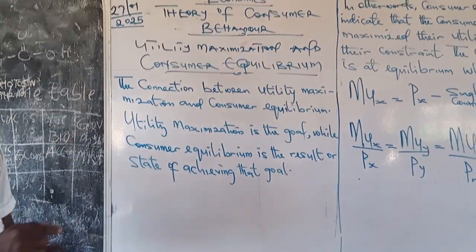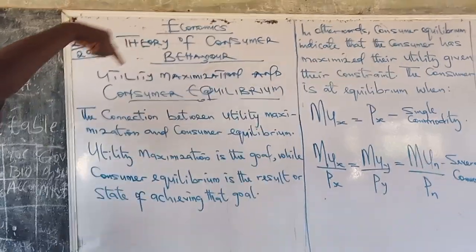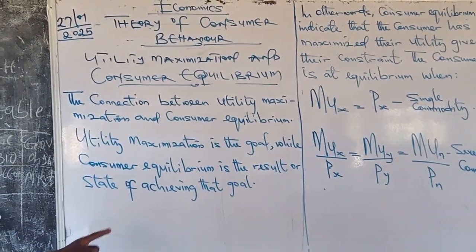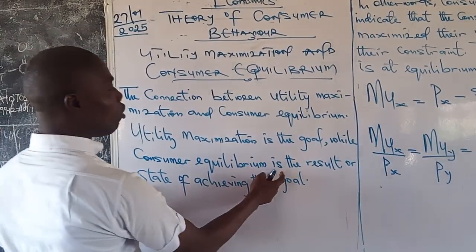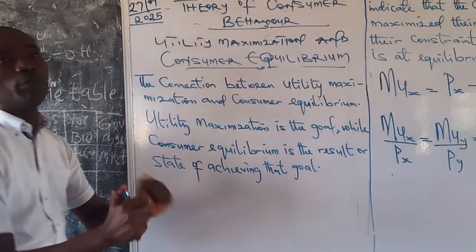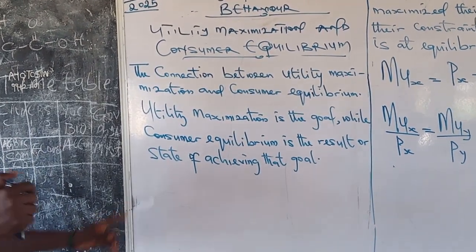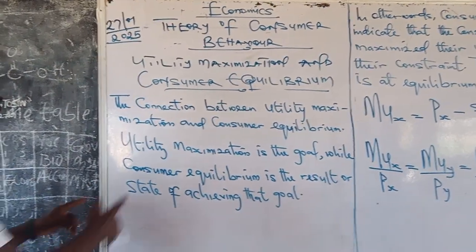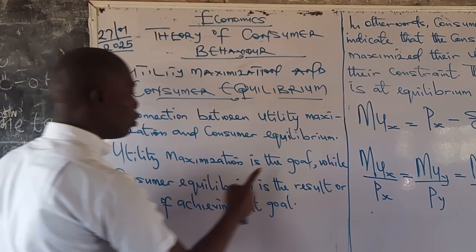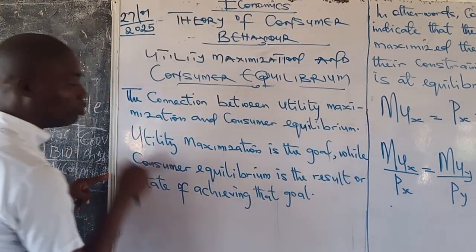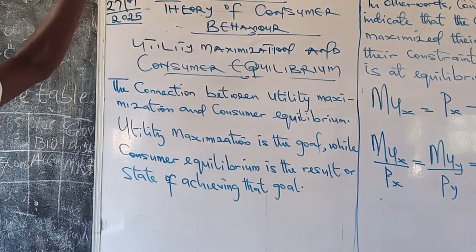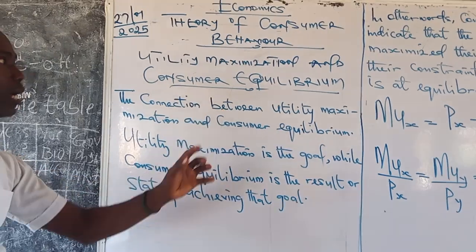In other words, for a consumer to maximize his or her utility, he or she must get to the point of achieving equilibrium in the consumption of any goods or services. So utility maximization is the goal, while consumer equilibrium is the result or state of achieving that goal.